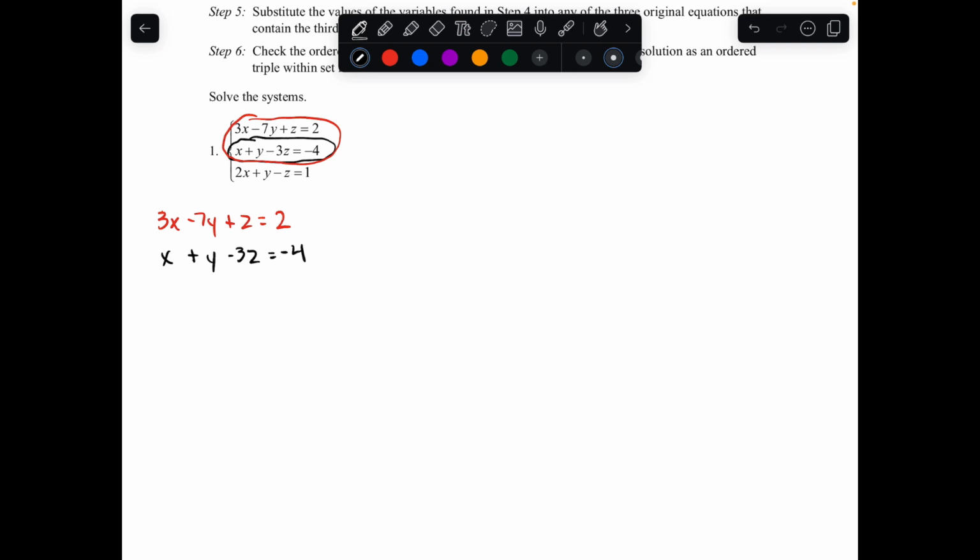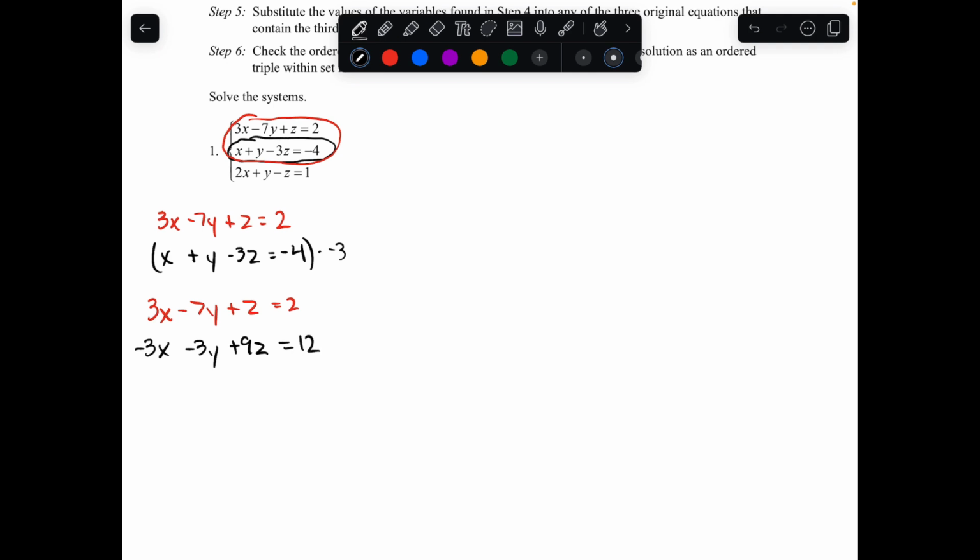Now, I want the x's to have opposite coefficients, so I'm going to multiply both sides by negative 3. Once I do that, I'm going to have 3x minus 7y plus z is equal to 2, and then negative 3x minus 3y plus 9z is equal to 12.